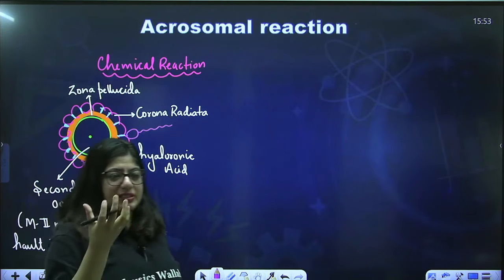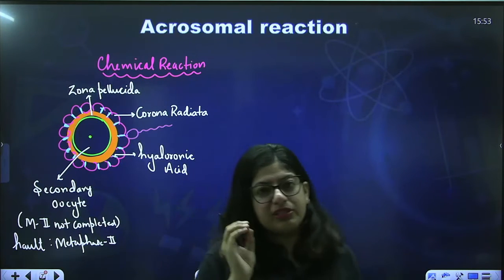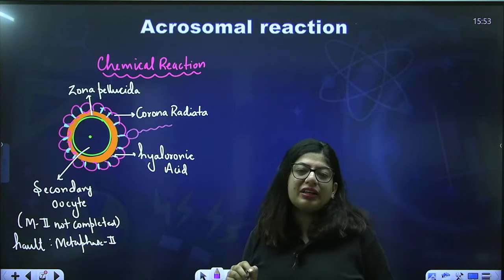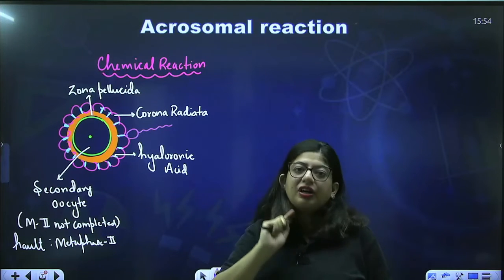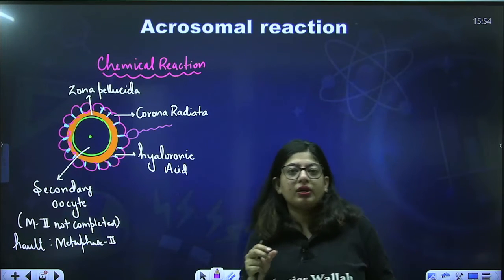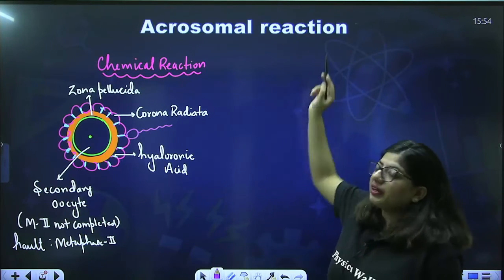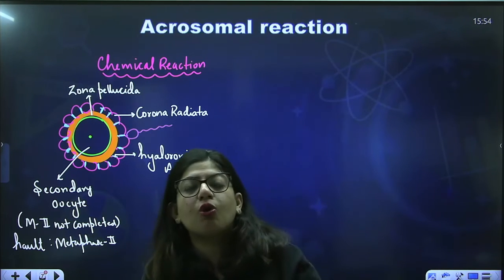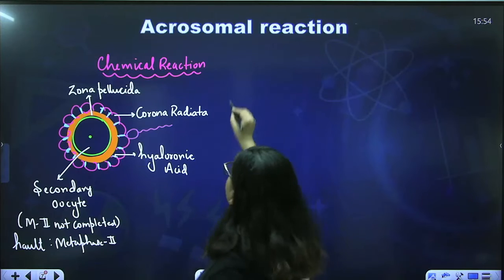The oocyte is bigger, the sperm is very small, right? Now this sperm has to penetrate inside the oocyte. How will it do it? It will start bursting its acrosome. That's why it is called the acrosomal reaction. It's a chemical reaction where the acrosome will release its enzymes.